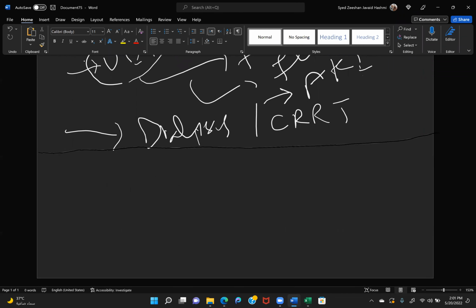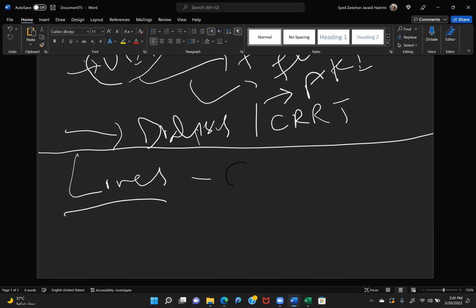Then another thing is about lines. So the lines may be CVP. What care is needed for CVP? There is a CVP bundle. Can anyone tell about it? What things do you need to consider when you are having a CVP?